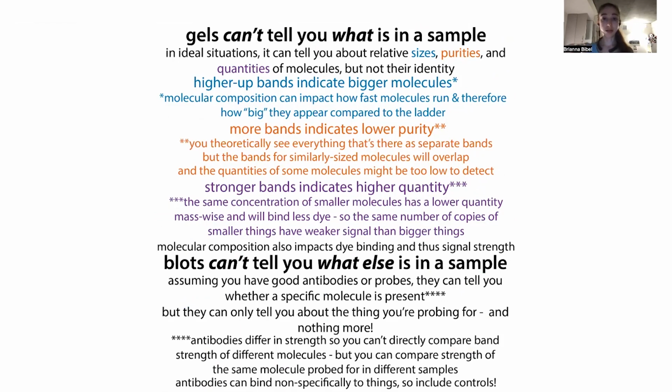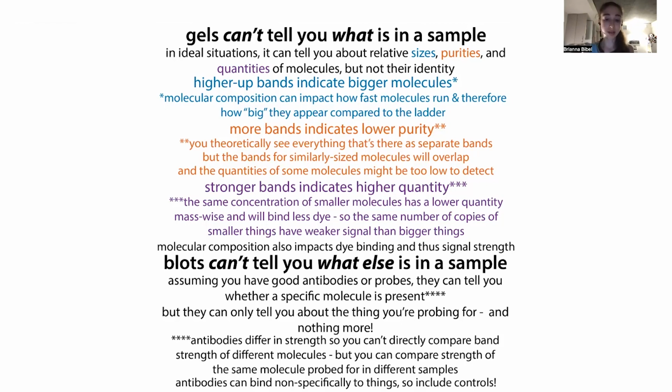So that is what you can learn from a gel. You can learn about the relative size, purity, and quantity, taking into account all those caveats, such as the fact that bands can overlap, small things are going to show up fainter than bigger things, and the composition of the molecule can cause it to run slightly differently in terms of its speed, and therefore how big it appears compared to the ladder.